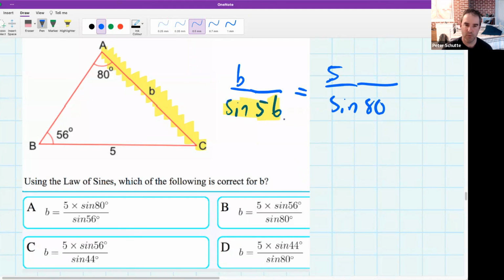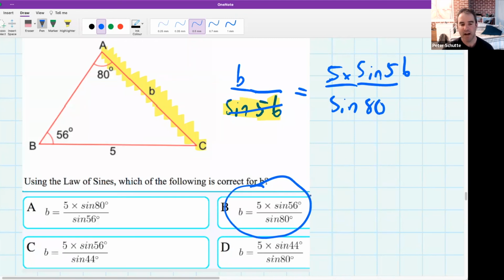And so when you bring this across, it's basically going to be here. Is there any option that looks like that? 5 times the sine of 56 times the sine of 80. And I want to suggest that it is option B. All right. And if I look at the chat, I see that that is predominantly what you guys have chosen.